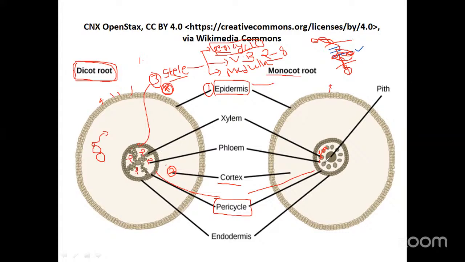Cortex, no differences, except one small difference: the dicot cortex is comparatively narrow, but the monocot cortex is wider. Another important difference, already told you: some secondary growth also takes place from cortical or parenchyma cells, but secondary growth is not formed in the monocot root.